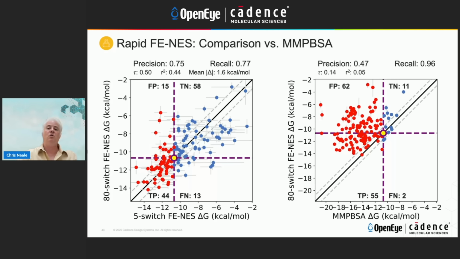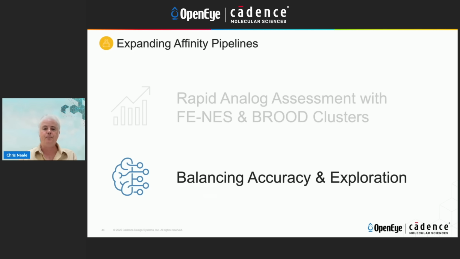You can see there's no correlation between these data. In fact, MMPBSA said almost all of these molecules were better. A triage from 5-switch FE-NES provides value in front of or in place of a triage by 80-switch FE-NES, whereas MMPBSA is doing something completely orthogonal.